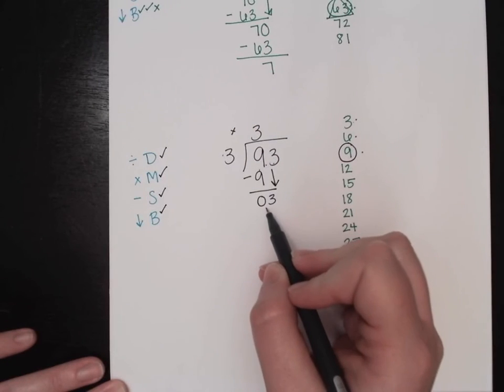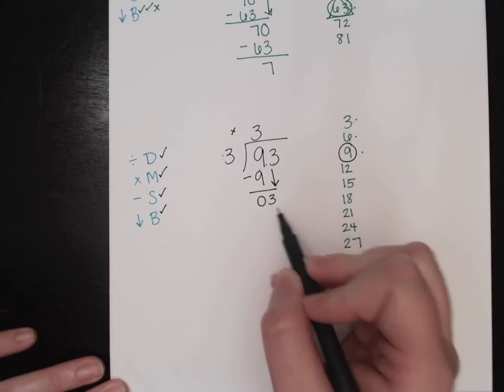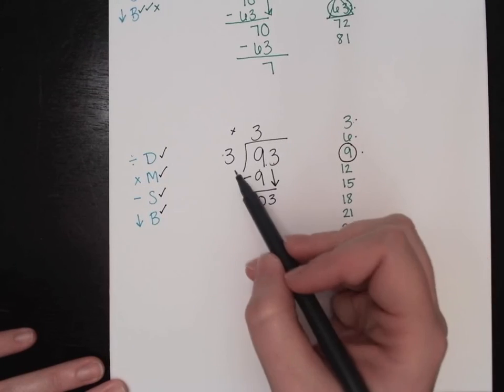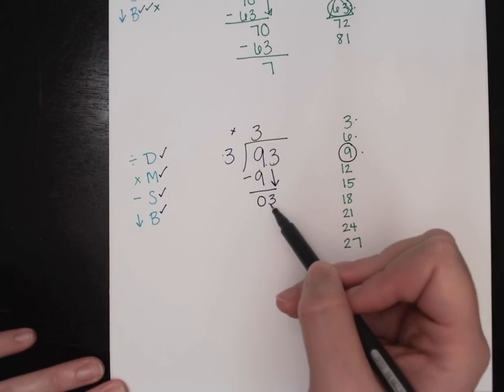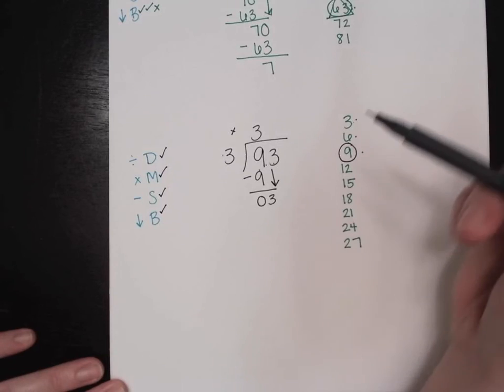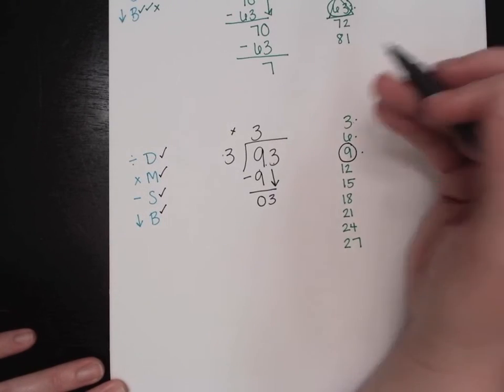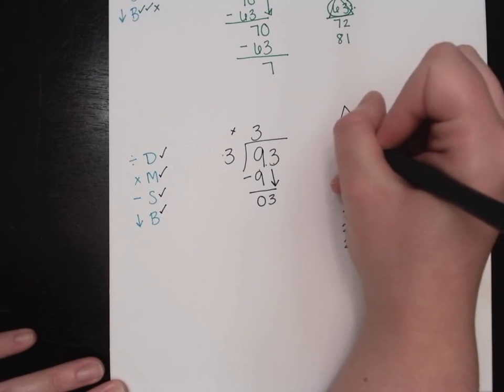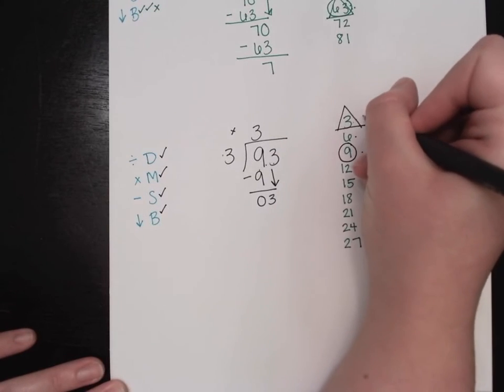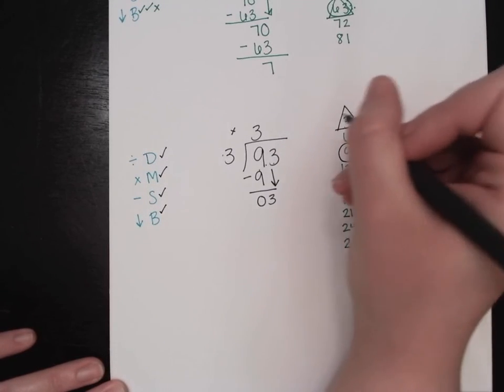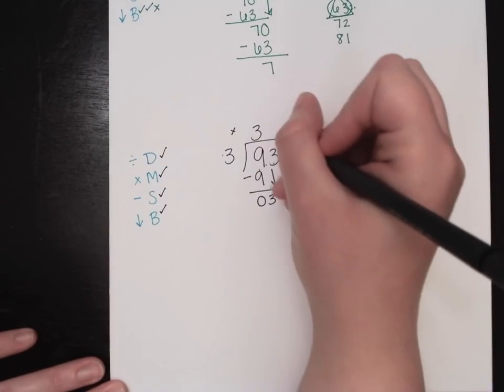My new dividend is 3. So now I think to myself, how many times does 3 go into 3? Come to your list and get as close to 3 as you can without going over. And that is 1 time. So 3 goes into 3 1 time.